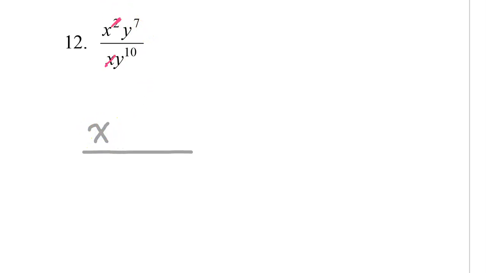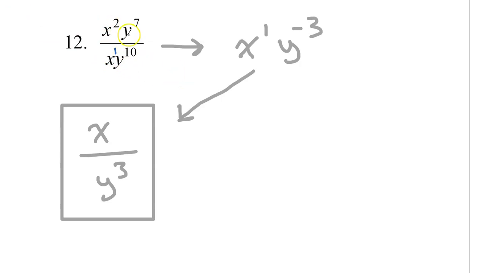And then when it comes to the y's, the 7 y's in the numerator will cancel out 7 of the 10 y's in the denominator, leaving behind 3 y's. So that's y to the third power left in the denominator. Or you could subtract the exponents and get this, which leads back to this.